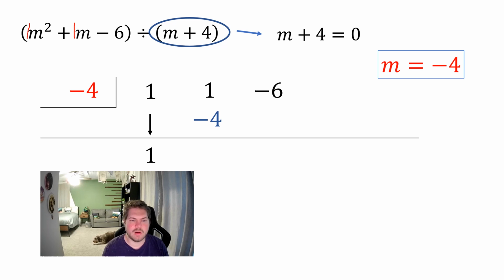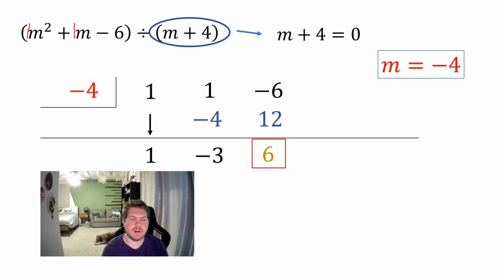And then 1 minus 4 is going to be negative 3. Negative 3 times negative 4 will be positive 12. And then 12 minus 6, or negative 6 plus 12, will be 6.